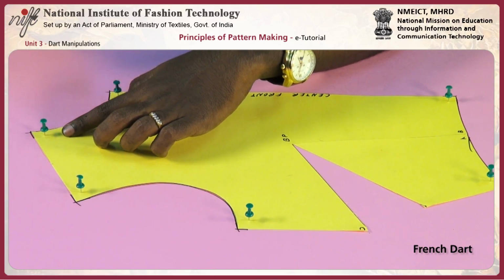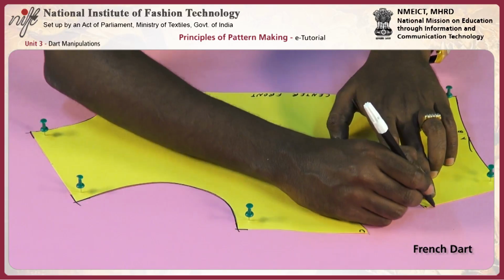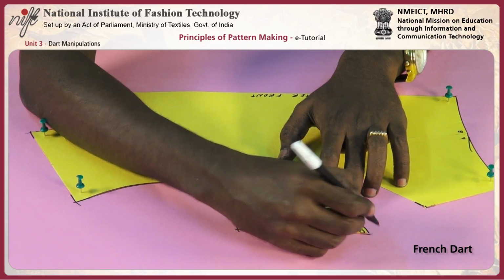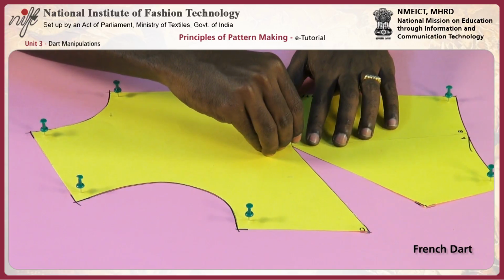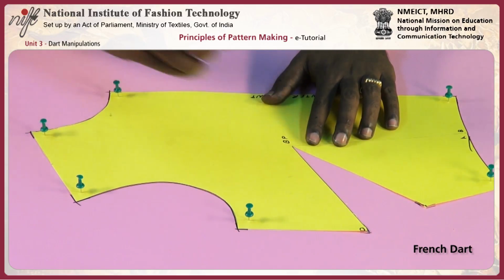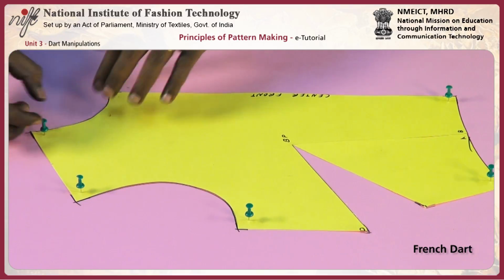Mark neckline. Mark the dart legs. Mark the bust point. Once you complete all the marking, remove the working pattern.